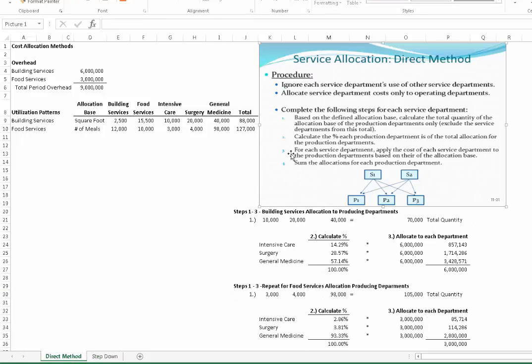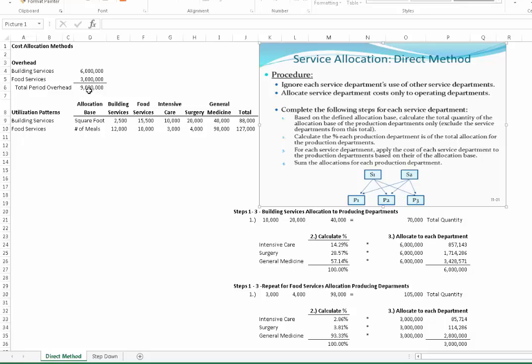So the direct method is where we're just allocating all of the costs from each of the service centers directly to the producing centers, without allocating any of the service center costs over to the other service center. There are 4 steps associated with this. First is creating the allocation base.